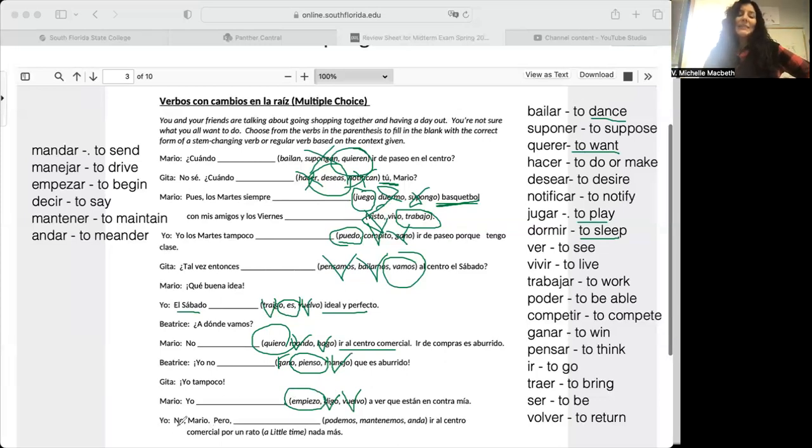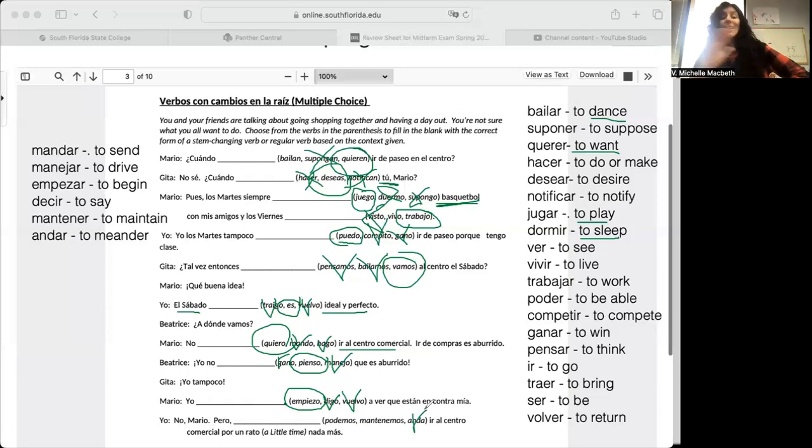And then this is, no, Mario, pero podemos, mantenemos, anda, ir al centro comercial por un rato nada más. So they're still all talking about going together. So the most likely subject of this sentence is a we. Because what are they talking about doing? They're talking about doing something all together. So is anda a we?